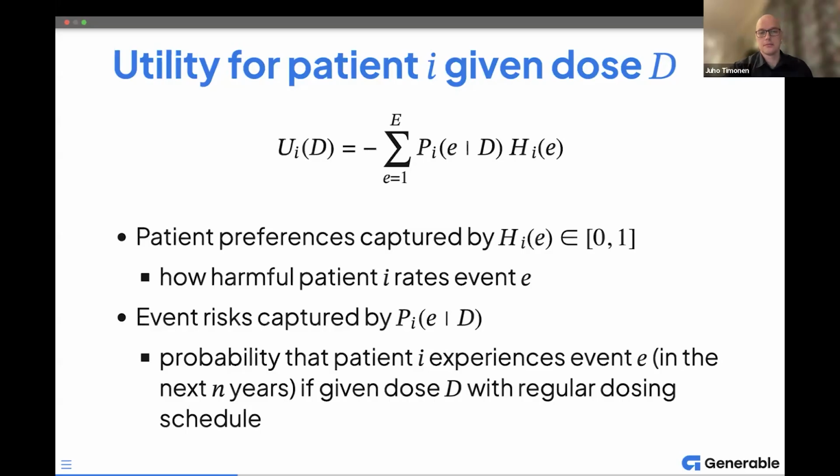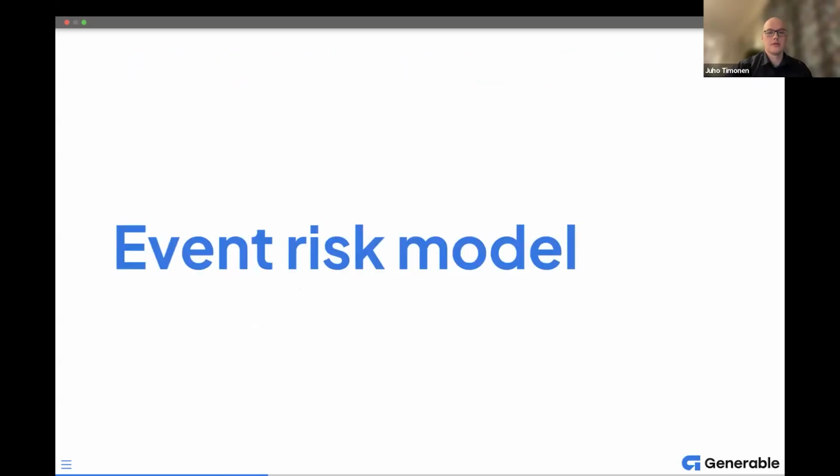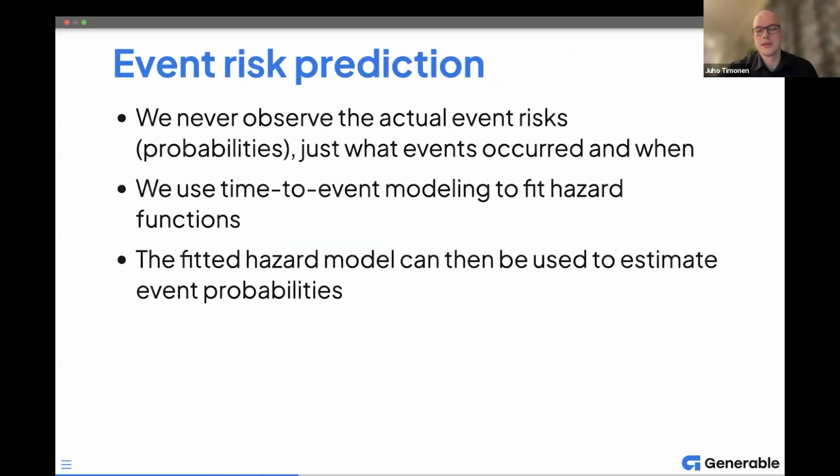The utility would be computed using this formula. But again, I will move on to the event risk prediction, which is a key part of this session.